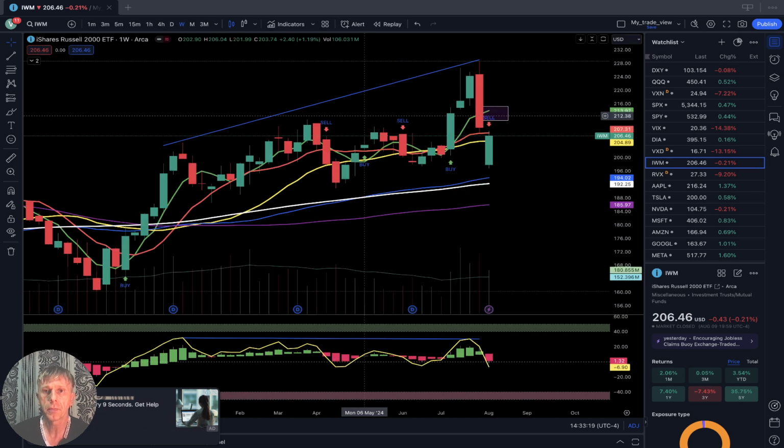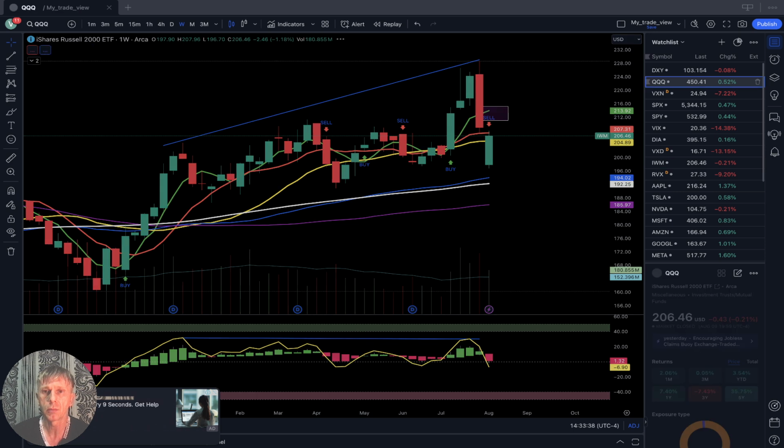Weekly time frame, similar, was huge reversal, huge crossover, but it came back and closed above SMA 20. On weekly time frame, only Qs closed below SMA 20 among the four indexes.